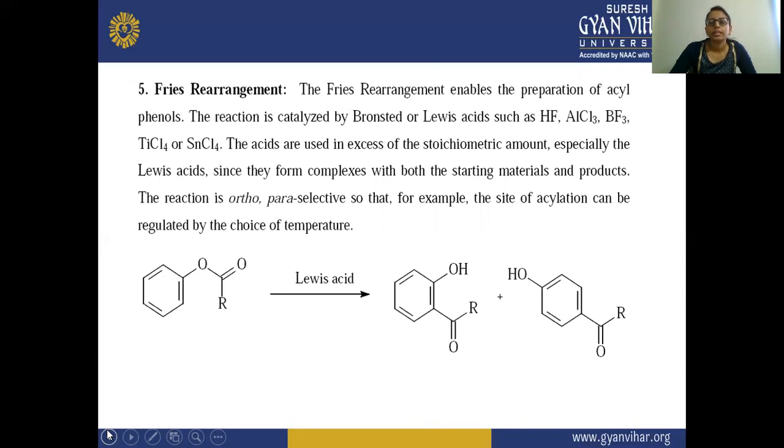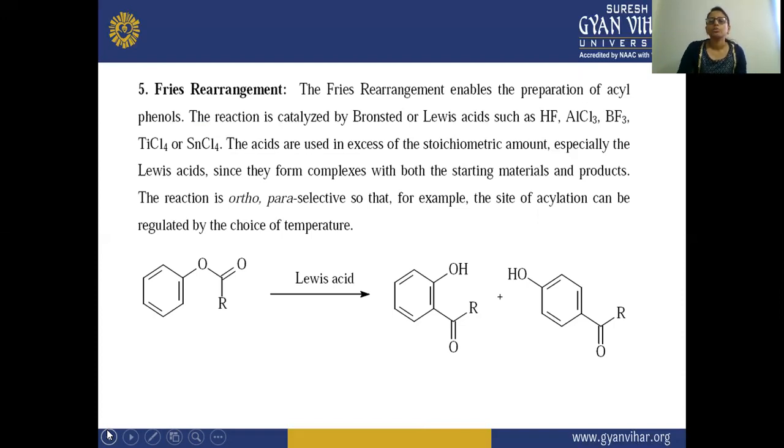The reaction is catalyzed by Brønsted or Lewis acids, such as HF, AlCl3, BF3, TiCl4, SnCl4. So here hydrogen fluoride, aluminum chloride, boron fluoride, titanium chloride, stannic chloride, they are all Lewis acids.